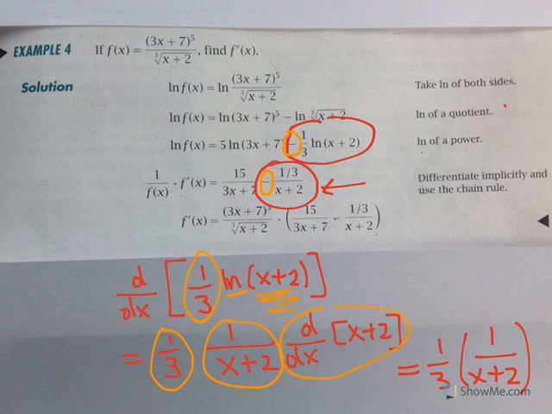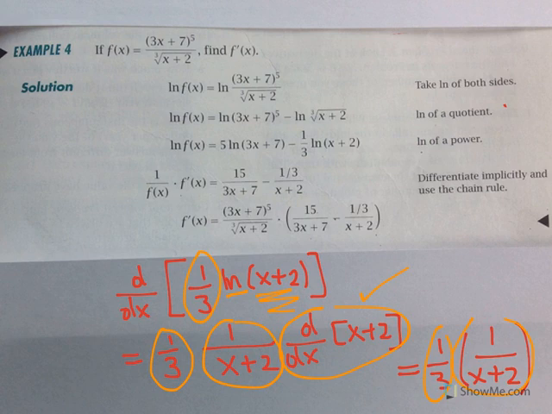Multiply that by the derivative of the inside function x plus 2, which is just 1. So this is what you get. Now 1/3 times 1 over x plus 2 can be written in the form that's shown here in your textbook, where you have 1/3 in the numerator over x plus 2 in the denominator.